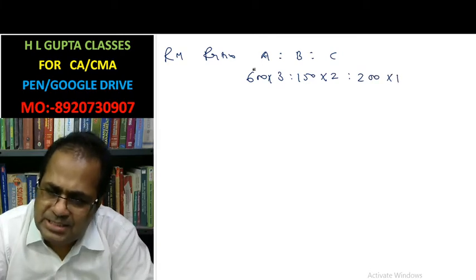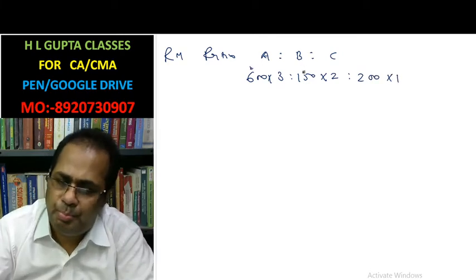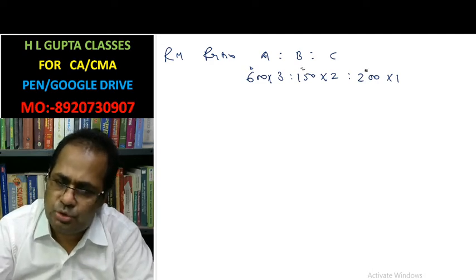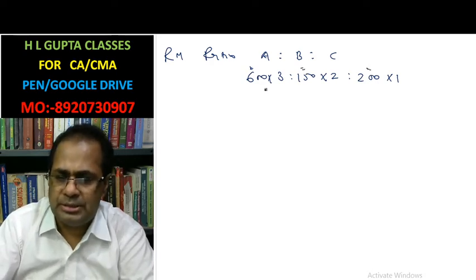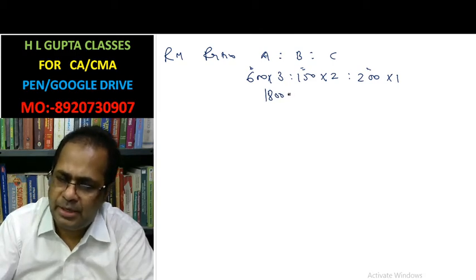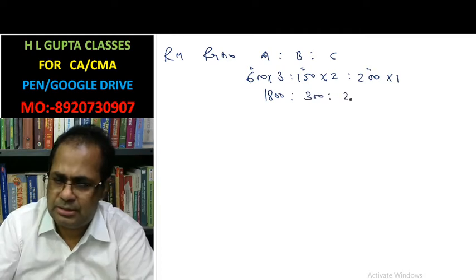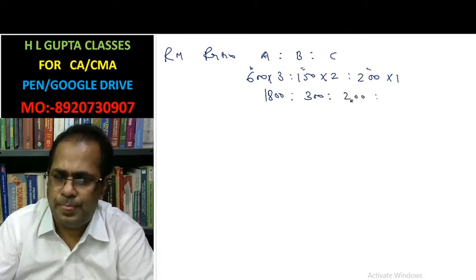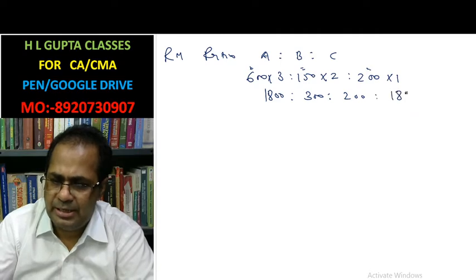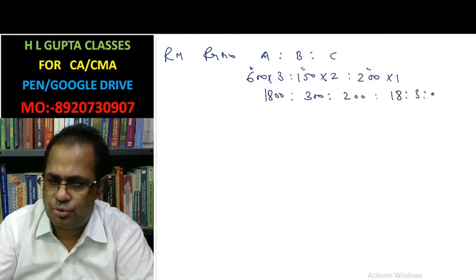Because 600 of A is produced, 150 of B is produced, and 200 of C is produced. This is 1800, this is 300, this is your 200. Now this is 18 is to 3 is to 2.